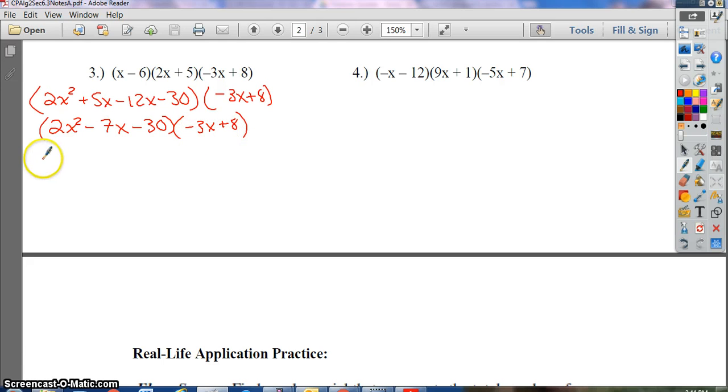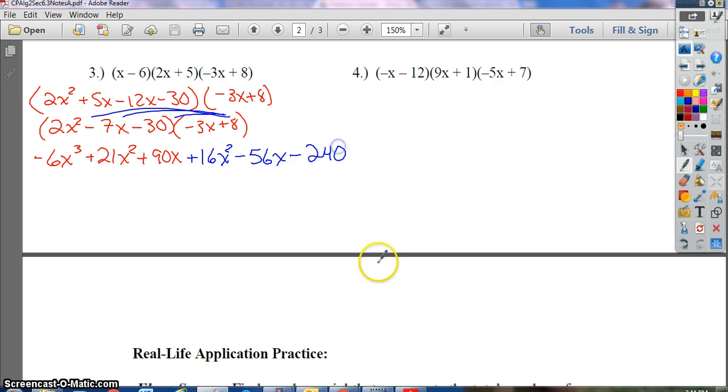I'm going to multiply my negative 3x into everything. So this is negative 6x cubed plus 21x squared plus 90x. All right, 8's term. So that's going to be 16x squared minus 56x, and minus 240.